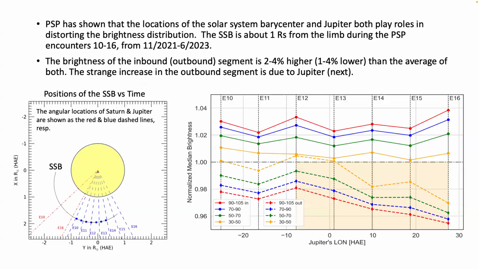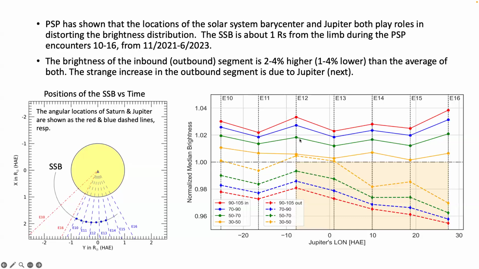So what happened? This is a diagram that shows a little bit what that is. The red lines are pointing to Saturn. The blue dashed lines are pointing toward Jupiter. The SSB is on this track here, and these are the points at the beginning at each of the perihelia of the encounters, the 6 encounters.